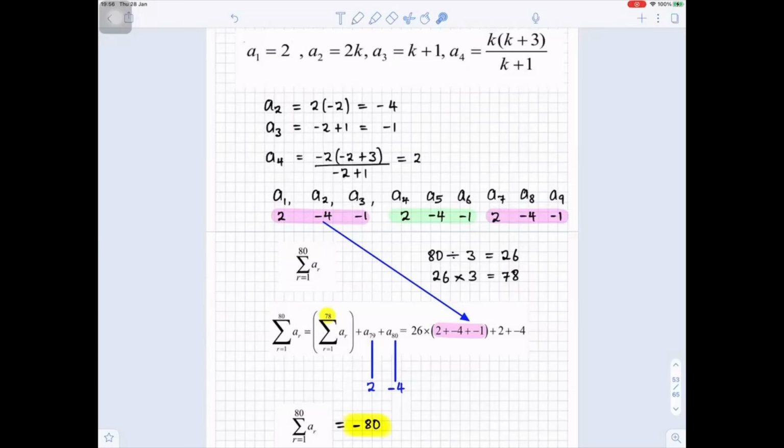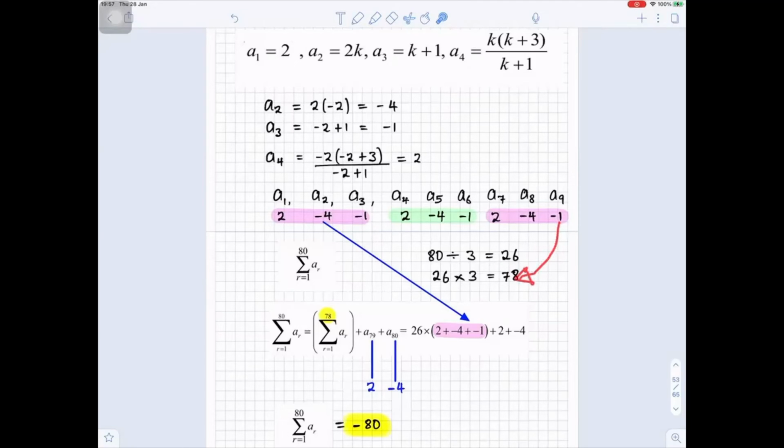So what we now have is groups of 3, 26 times, and that is just 2, minus 4, minus 1. So we want to add those groups of 3. So 26 times those groups of 3: 2 plus minus 4 plus minus 1. That's 26 times that group of 3. Now we need to find A79 and A80, because that would take us to A78. So A78 would end with minus 1.